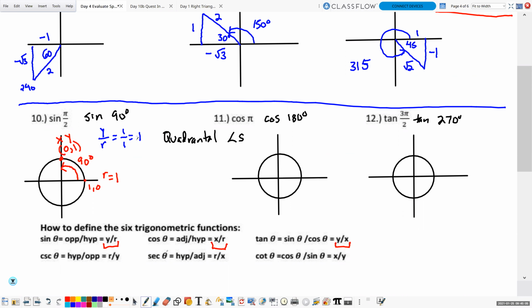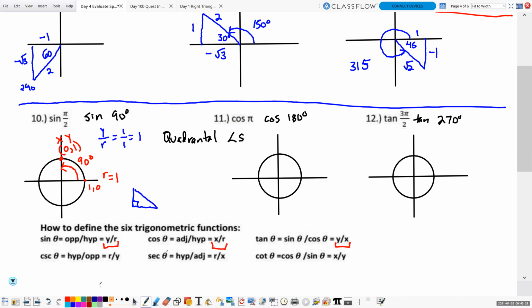You can also work this out conceptually: opposite 90 is the hypotenuse. So if you did opposite over hypotenuse, you would have hypotenuse over hypotenuse, which would just be 1. So the sine of 90 using this definition also is 1.